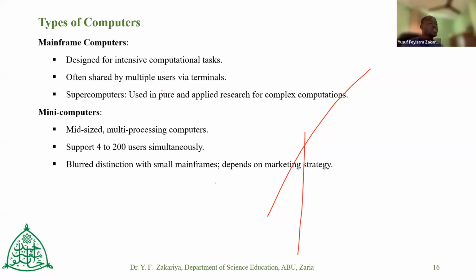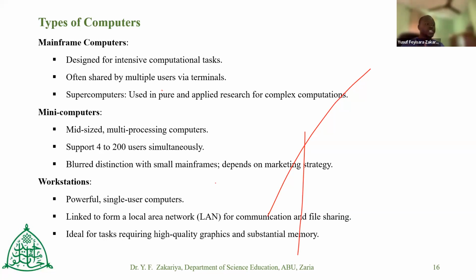In recent times, the distinction between minicomputers and small mainframes is becoming blurred, because most minicomputers are now doing what some mainframe computers can do. We have the workstations. These are powerful single-user computers, like your desktop computer, which is single user, linked to form a local area network.